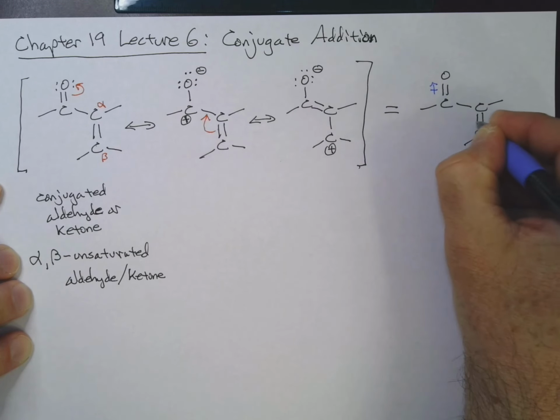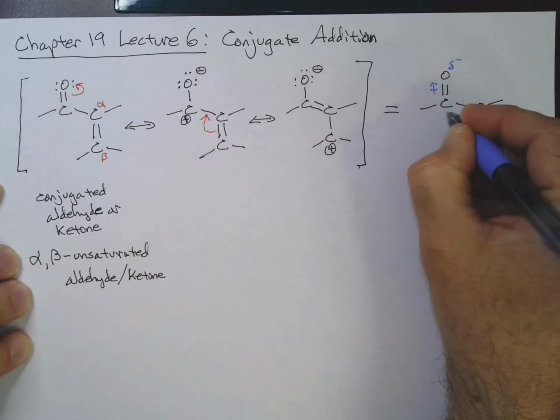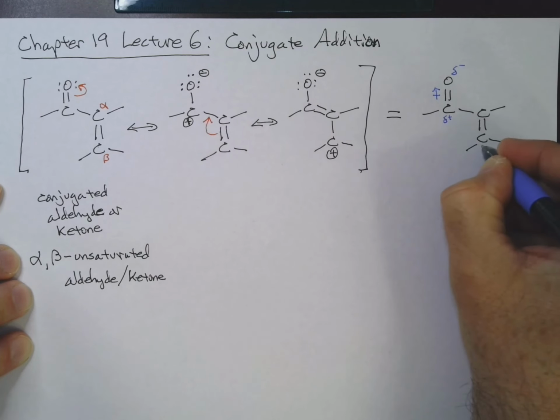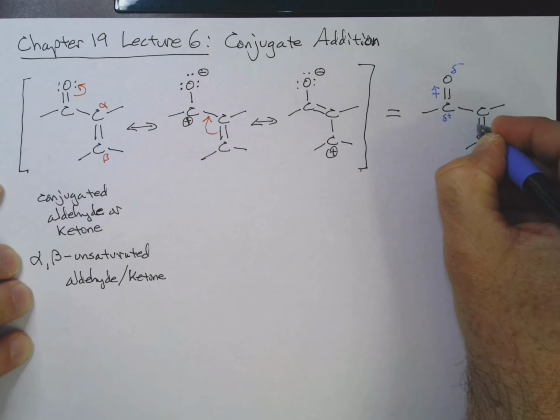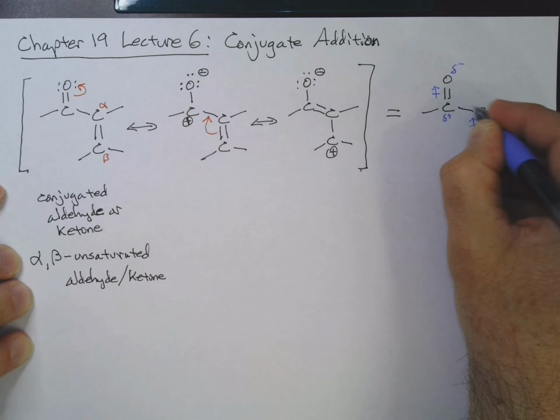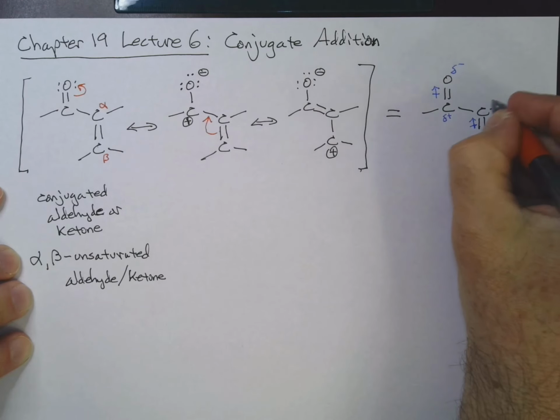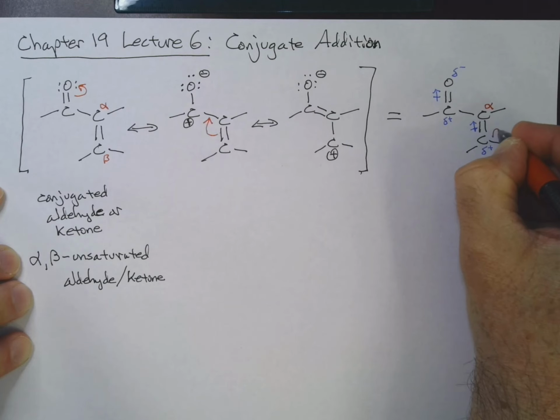That bond is polar, but it turns out that this one is also somewhat polar too. So we get partial negative charge there, partial positive charge there, and a partial positive charge there. So we do have electron density pulled this way as well. And again, this is our alpha carbon and our beta carbon.